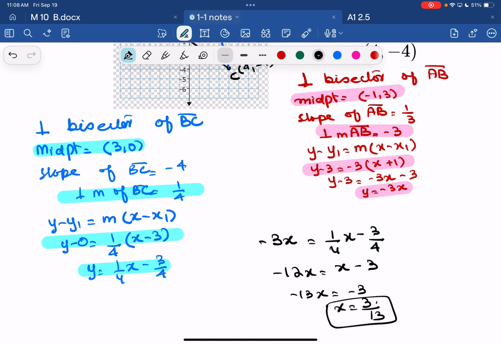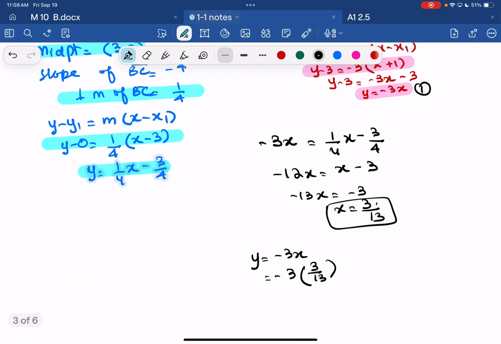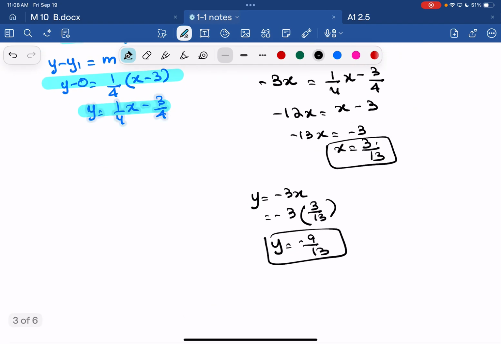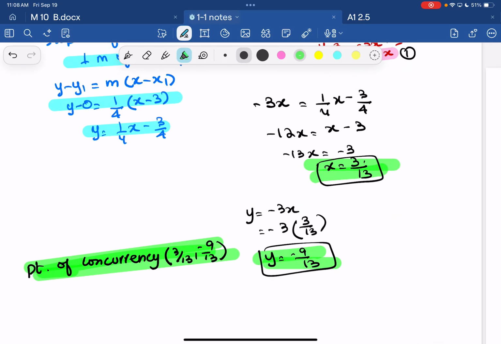Oh, we have to find y. So we all know y is equal to negative 3x from this equation, right? So that would be negative 3 times 3 over 13. That would be negative 9 over 13. So the point of concurrency is (3 over 13, negative 9 over 13). So everyone remember, these are all the points that I want to see on the question.